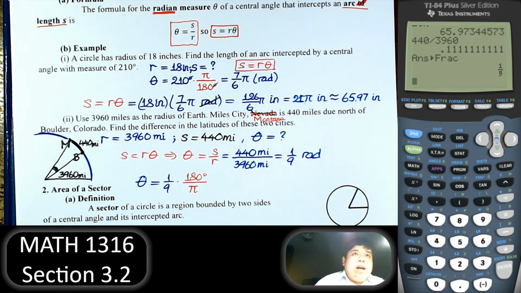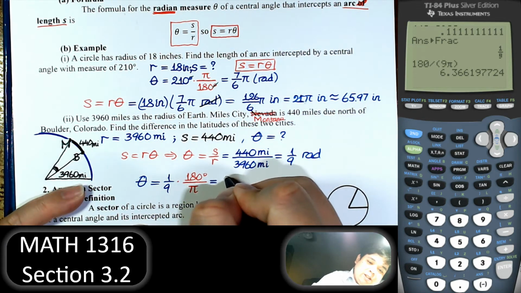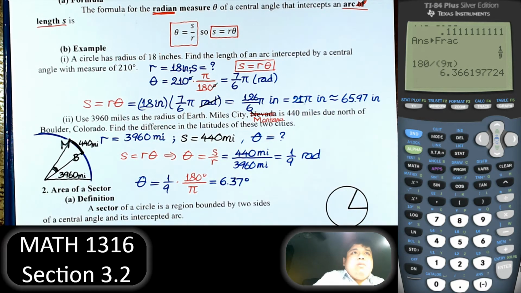So we have 180 divided by 9 pi. So that's about 6.37 degrees.